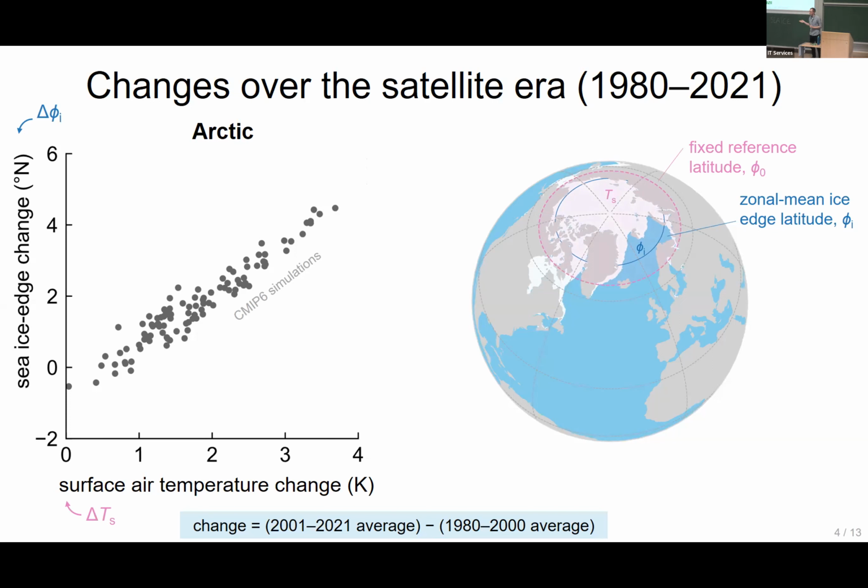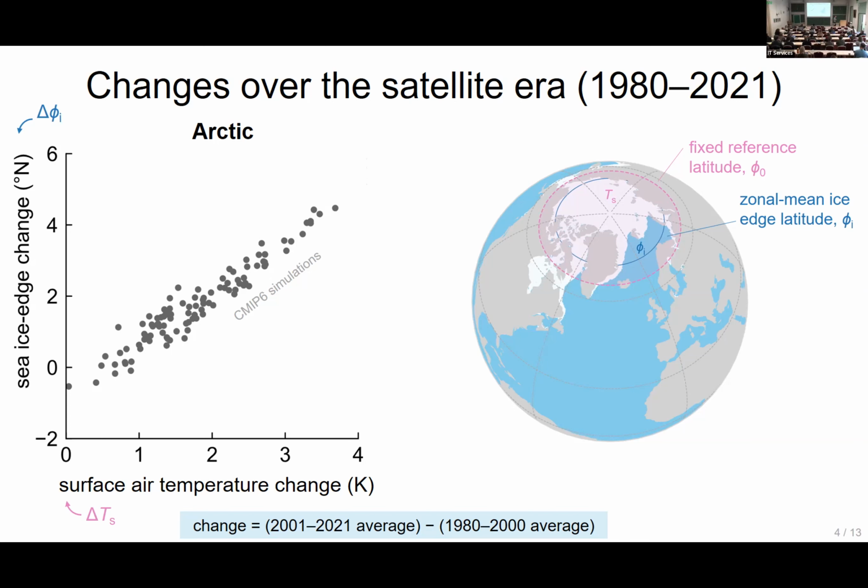So what this plot is simply showing is that when simulations tend to have a stronger change in surface air temperature, that pink region, over this time period, and I should also probably have noted that when I talk about a change here, we are dividing our time period up into two 21-year climatologies. So we are looking at one climatological average to the next. And so this is simply saying that the simulations which show a larger warming also show more sea ice loss.